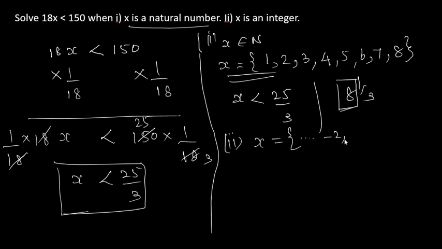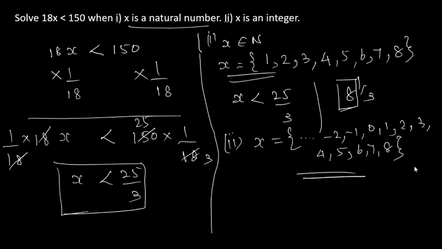You can put minus 2, minus 1, 0, and you can have 1, 2, 3, 4, 5, 6, 7, 8. That's all. You cannot exceed, because it is an integer, it's not a rational number, so you cannot introduce 8.333 and all these things. So you have to stop there. Now the solution is this much. Do you understand?